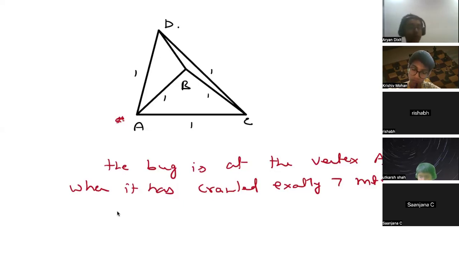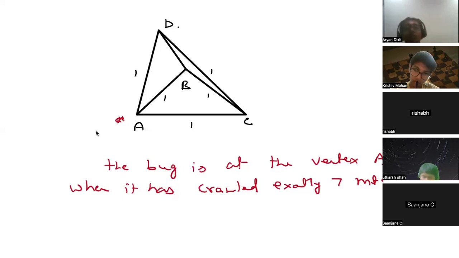So K is greater than or equal to 1 and there are K minus 1 crawls. First of all, if after K minus 1 crawls the bug is at vertex A, then the probability for the next move will of course be 0 because it has to move to D, B or C. And second, if the bug is not at vertex A, there would be three possibilities, A and the other two vertices. That would mean that on the three vertices, the probability that the bug comes to vertex A is 1 by 3.